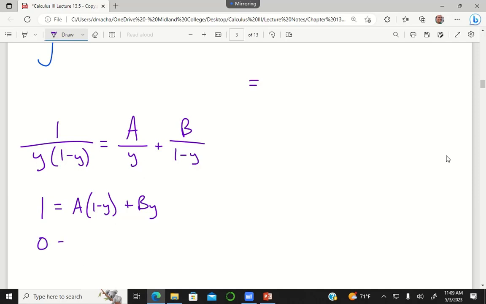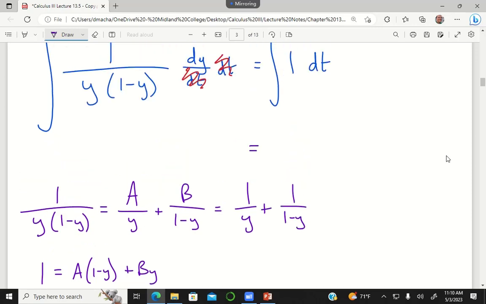And that means 0 is equal to negative ay plus by, and 1 is equal to a. So then b is equal to 1, and we found that 1 over y times 1 minus y is equal to 1 over y plus 1 over 1 minus y.